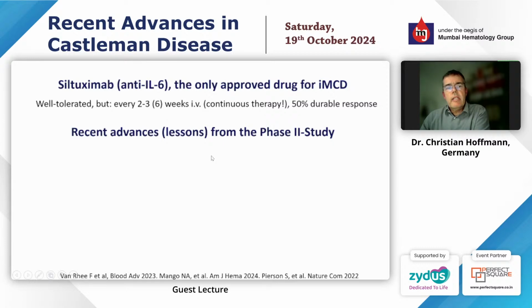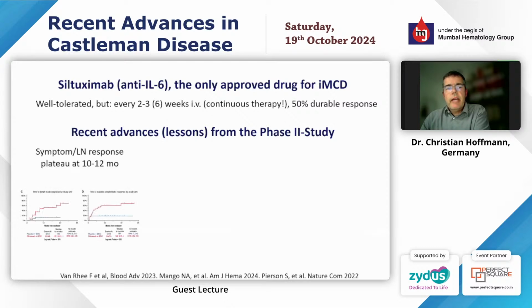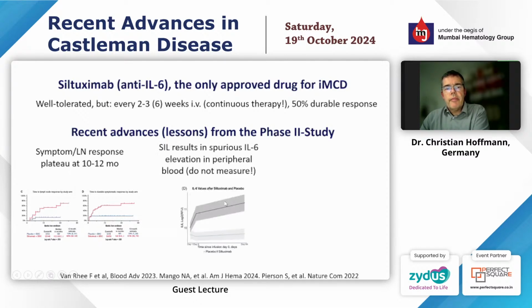During recent years, we have learned some lessons from this double-blinded randomized trial. There is a plateau of the response occurring after 10 to 12 months. So there's no need to continue therapy if the patients do not respond after a few months.